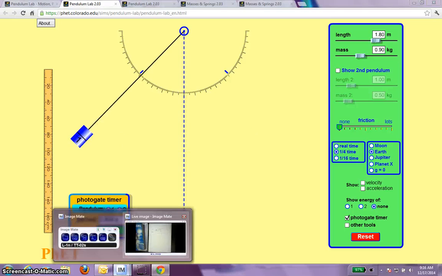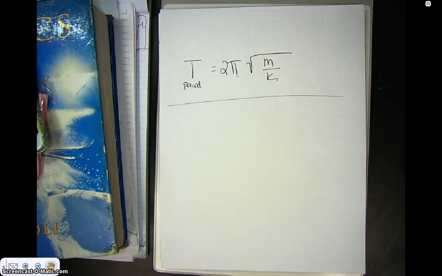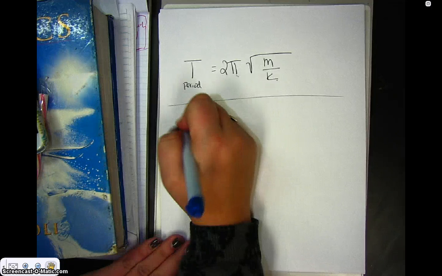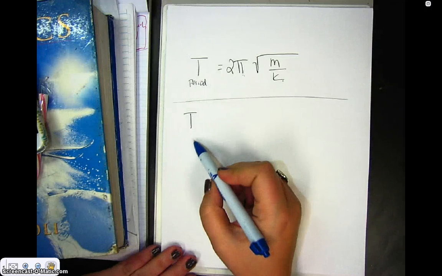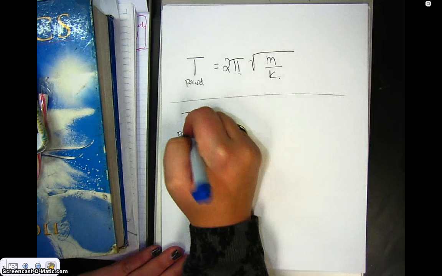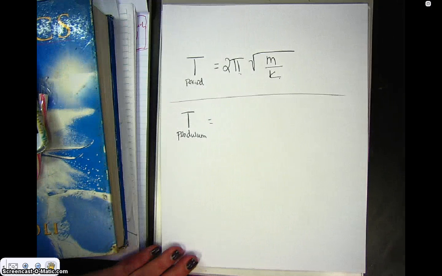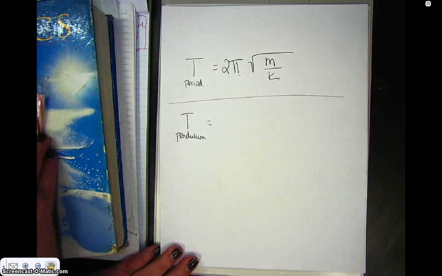So if we look at the equation for the period of a pendulum, there's two different variables that affect it. And again, we'll see that this equation really isn't complete, but for most cases it will work. And we can see what other variable might affect the problem as you work through the lab.